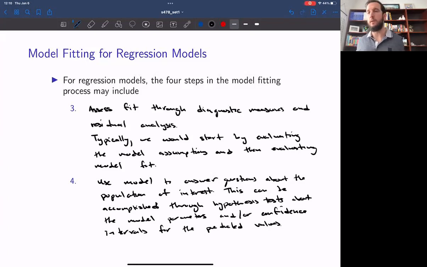But once you get to the inferential aspect of the model fitting process, this is where things can become very interesting. And the number of questions that you can potentially ask and try to answer when you have a model that fits well can be very open-ended. And on the first assignment, for example, and even on the project, the direction that you take the inferential step is up to you.